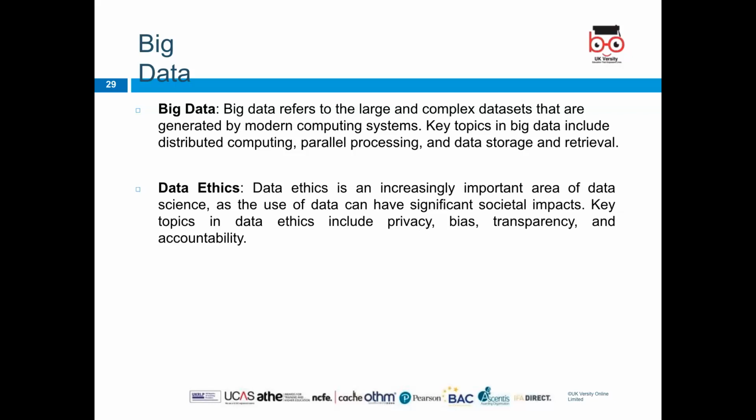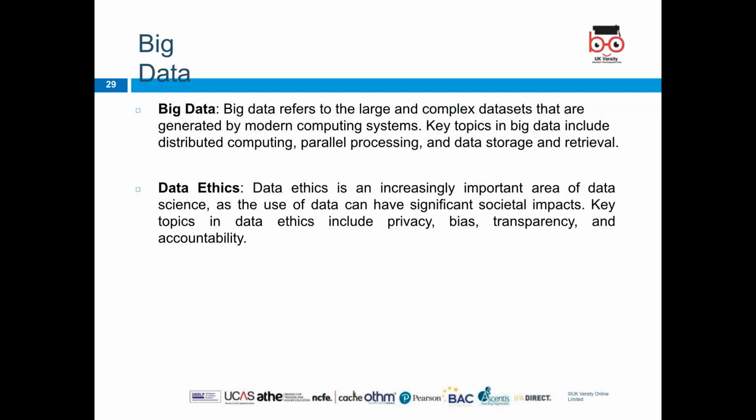Key topics in big data include distributed computing, parallel processing, and data storage and retrieval. For this topic, we mentioned Facebook as an example that stores big data, and they are able to retrieve them in what is called a database.